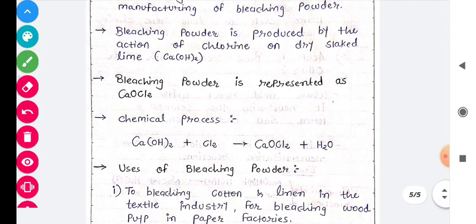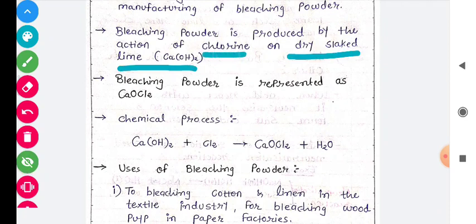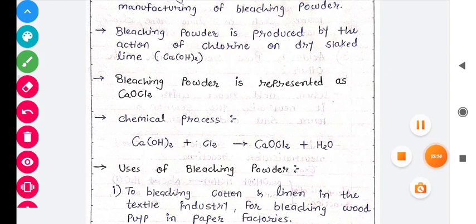Bleaching powder is produced by the action of chlorine on dry slaked lime. यानी कि ब्लीचिंग पाउडर को बनाने के लिए ड्राई स्लेक्ड लाइम के ऊपर से क्लोरीन गैस को पास ऑन करवाया जाता है. एंड दिस इज दी बेसिक फंडामेंटल process to manufacture bleaching powder.